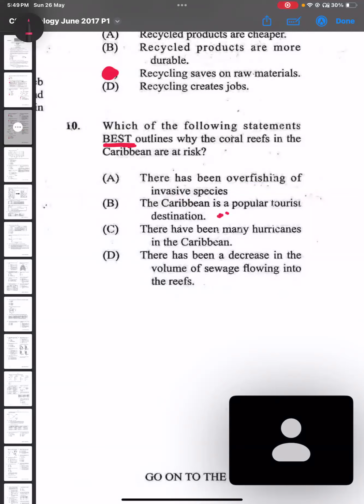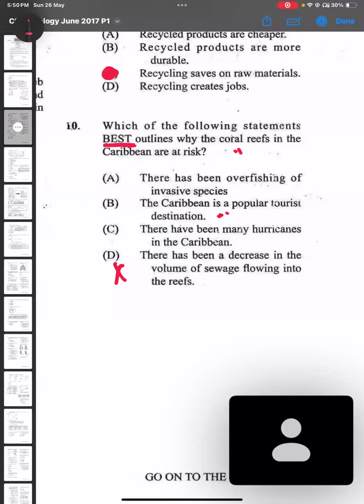B cannot be an answer either, because if it's a popular tourist destination, they would be protecting the reefs. It says which best. So even though some of them are close, you have to really think about what is your best answer. It cannot be D either, because if you decrease the volume of sewage flowing into the reef, that would be good for the reef.